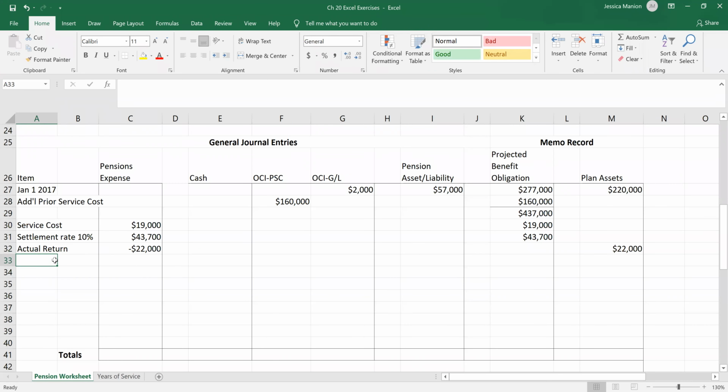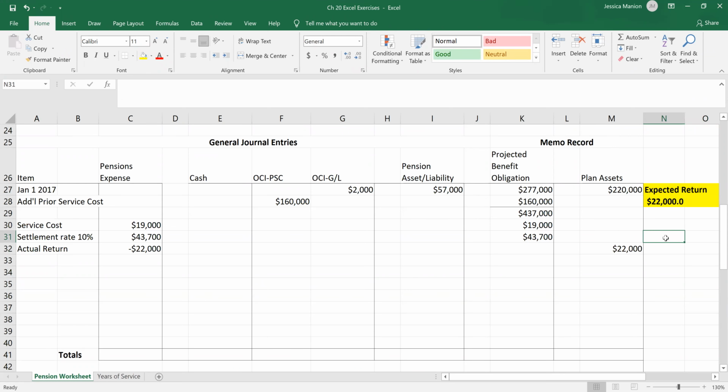Now, what was our expected return? Remember, expected return is basically 220,000 times 10%, right? So expected return equals 220,000 times 10%. So now we see in this case, our expected return is the same as our actual return, right?